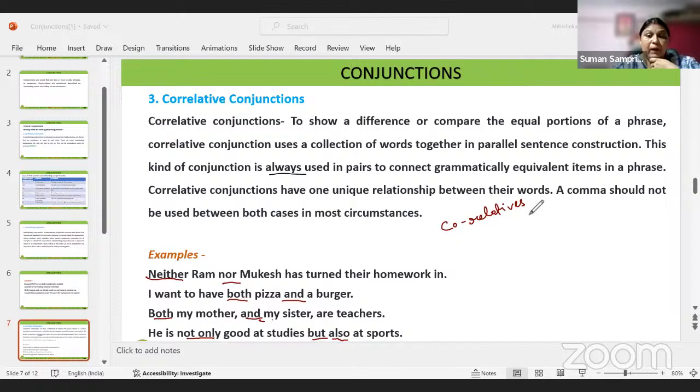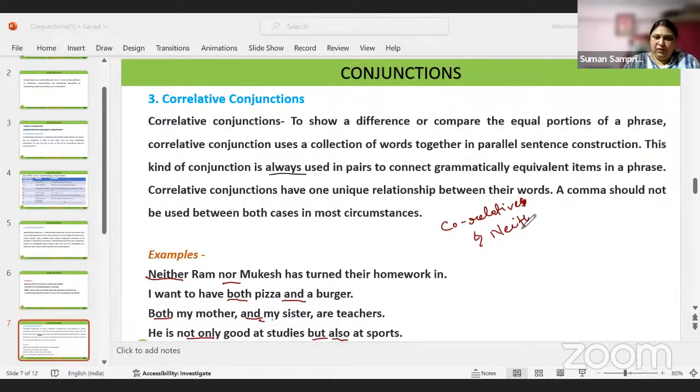So correlative conjunctions are what? They will always come in pairs. They are like fish and chips. Yes, correlative conjunctions are like fish and chips. They always go together, right? Hand in hand.